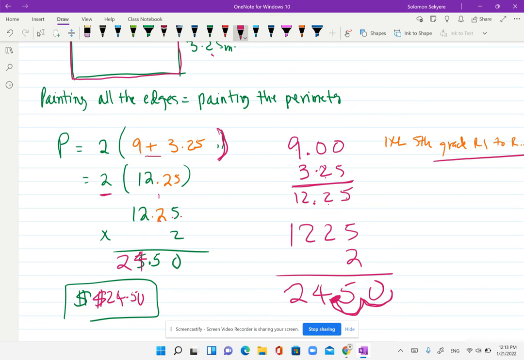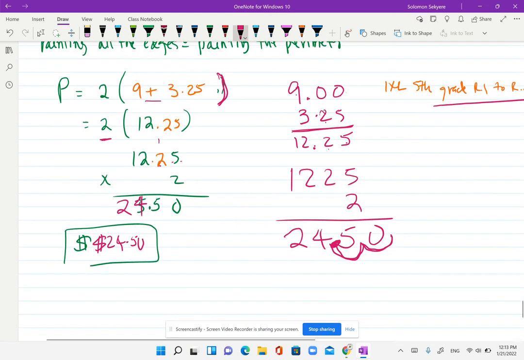I'm not done. I need to multiply by 2. So the length plus the width is 12.25 and I multiply by 2.